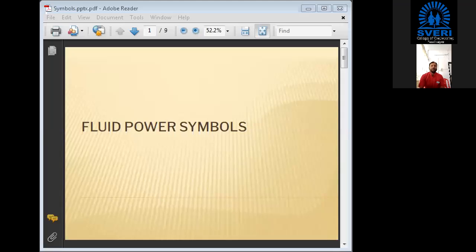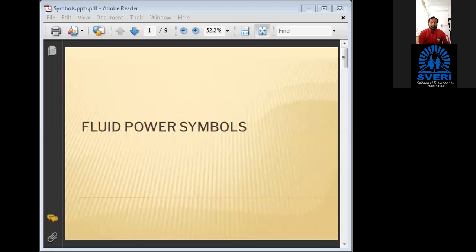I will not go into detail about the term work part because we have already discussed that. For our practical, we have to do the first 3 assignments, 4 assignments including the IS standard symbols, and then 3 assignments plus 4 demonstration practicals.